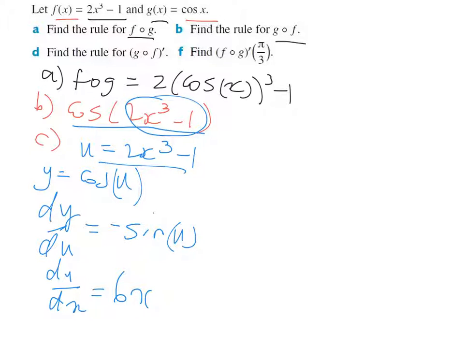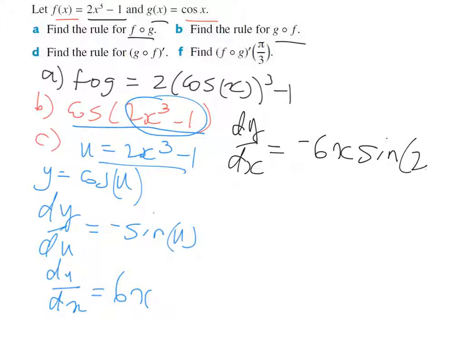Now, like we know, we're using the chain rule, so we're going to have to multiply both of these two derivatives. And we're going to have to replace this u with what u equals. So finally, dy dx equals negative 6x sine of 2x cubed minus 1.